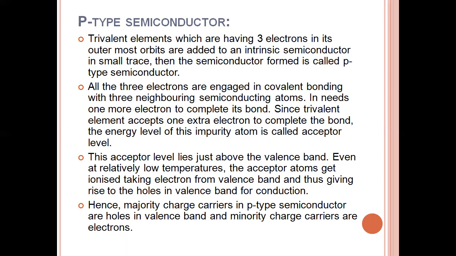Hence, at small temperatures itself, more and more electrons will be excited from the valence band to the acceptor level, leaving holes in the valence band. Hence, the majority carriers of a P-type extrinsic semiconductor are holes and the minority carriers are electrons.